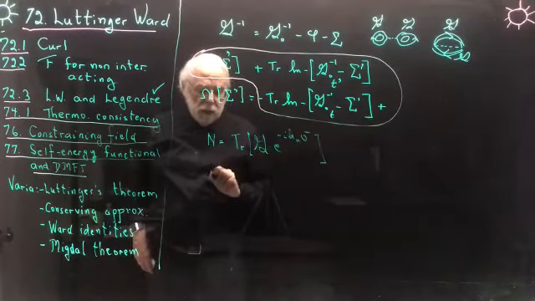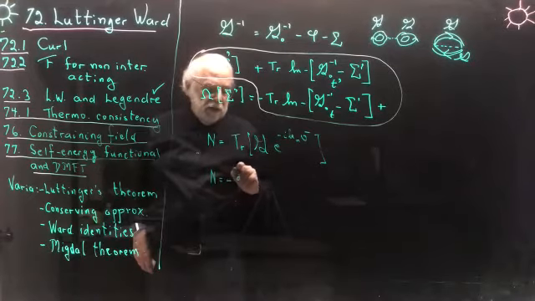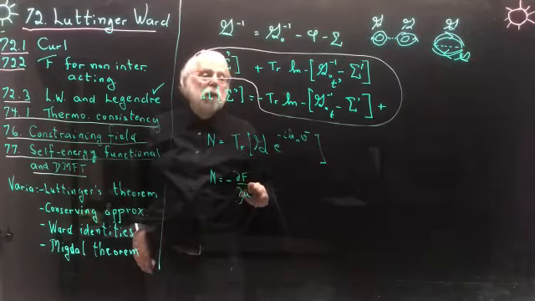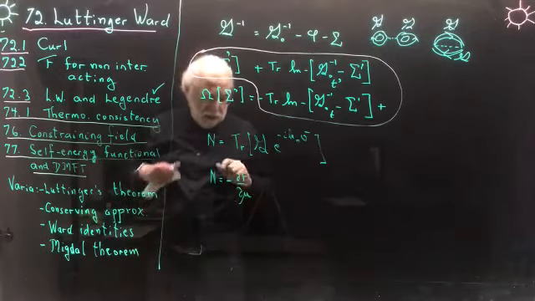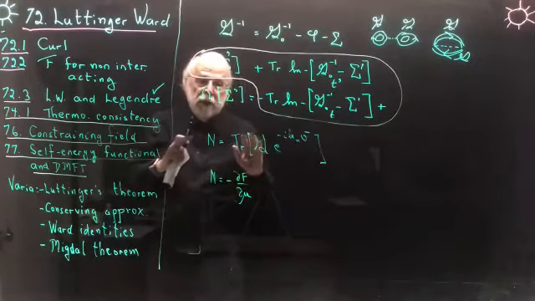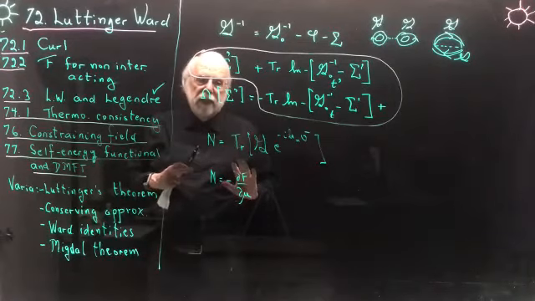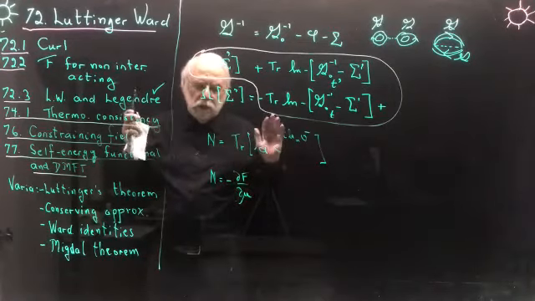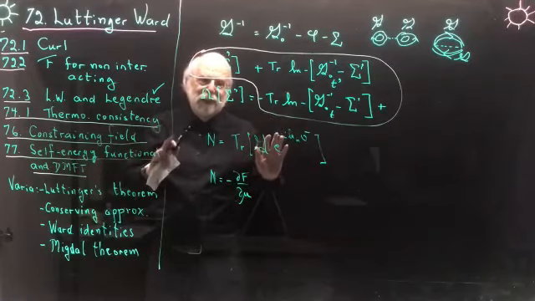And we know that we can compute n also from minus the derivative of F with respect to μ. Okay. Now, in many-body theory, there are many exact relations you can find like this, and as soon as you make an approximation, it's basically impossible to satisfy all of them.